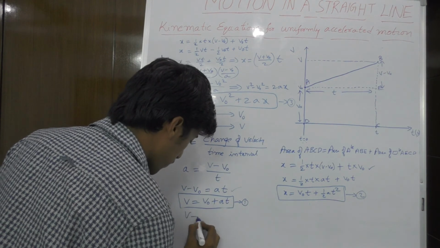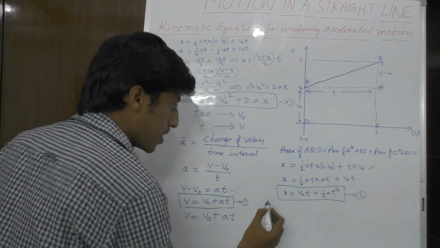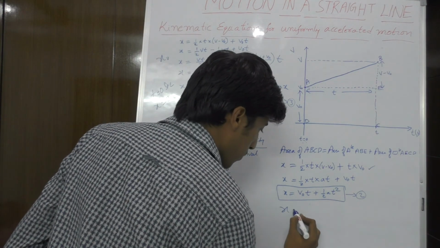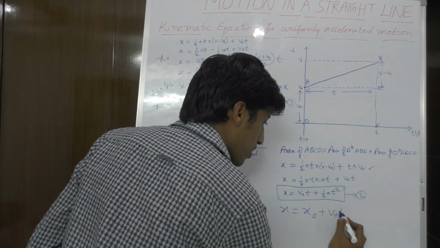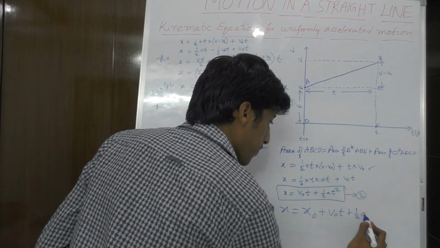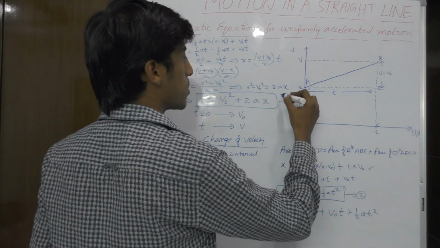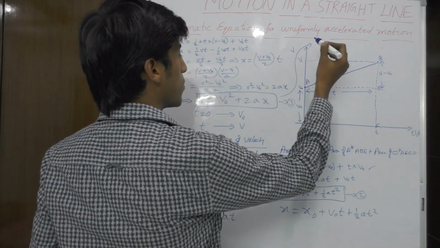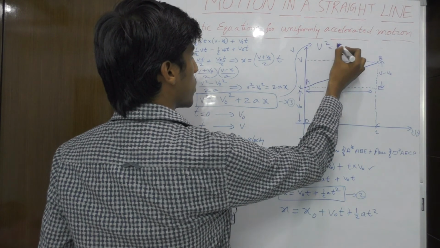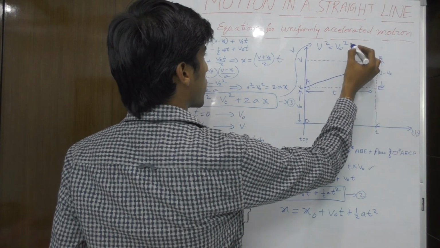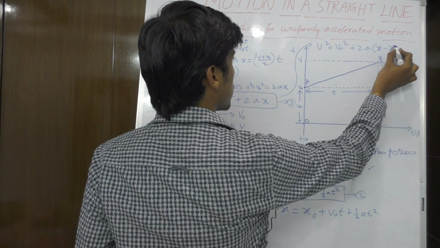This will remain the same, v is equal to v naught plus at, and this will change as x equal to x naught plus v naught t plus half at square, and the third equation will become v square equal to v naught square plus 2a into (x minus x naught).